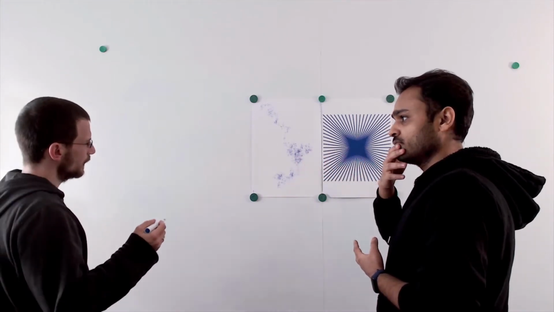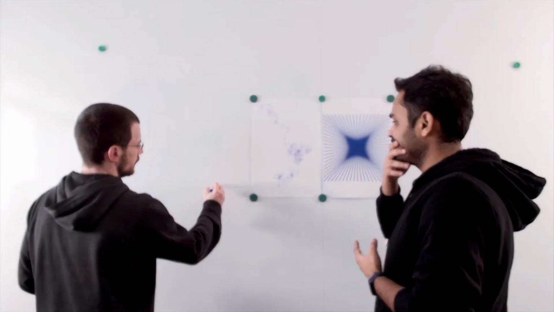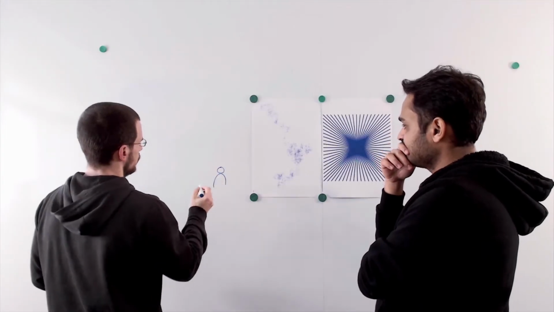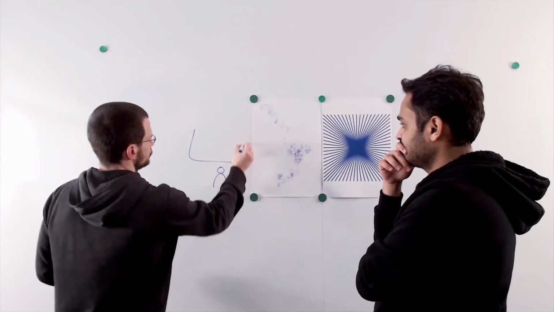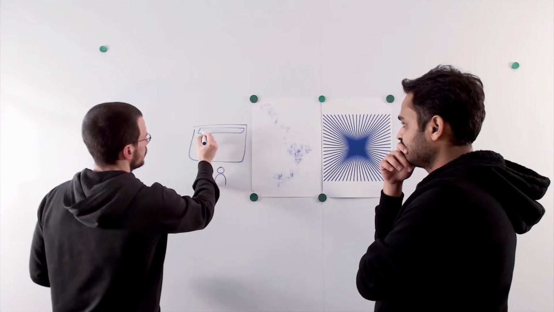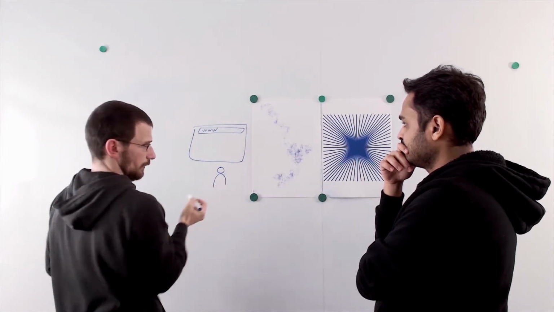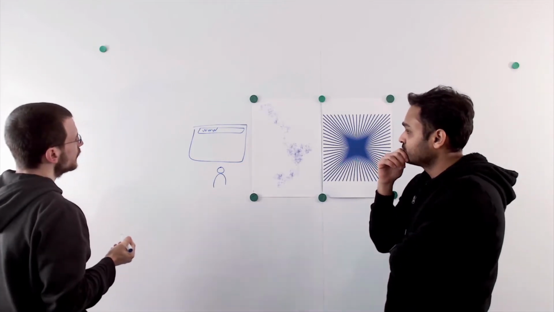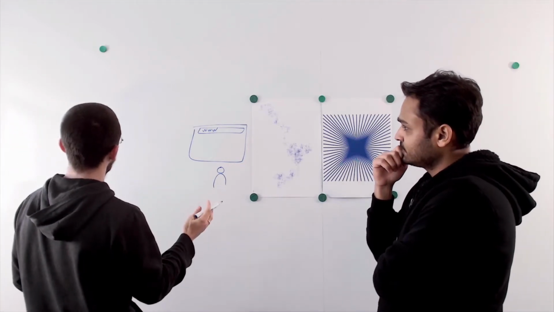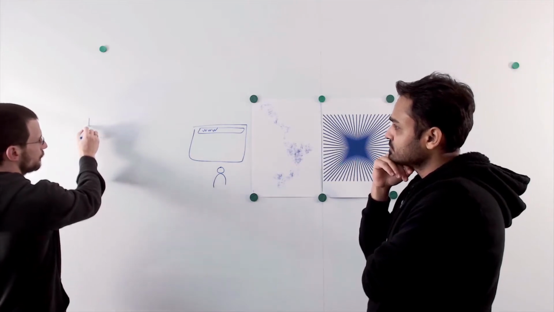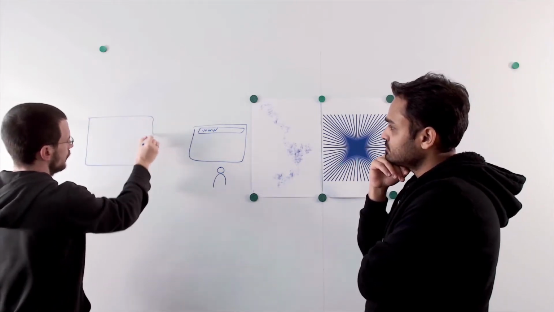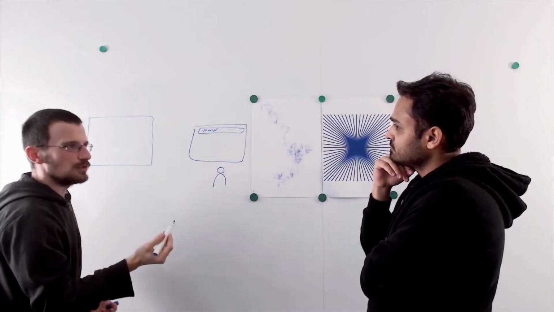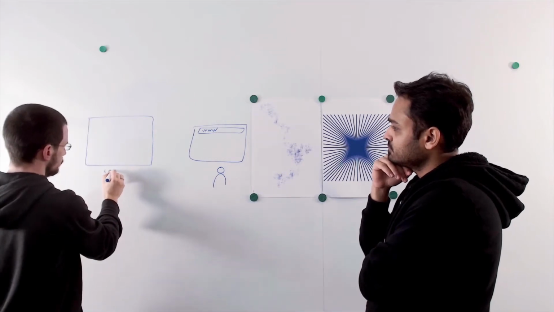Right. So, if I understand, what you want is to have users in their web browser, my friend in the web browser. So we have you, at least your computer.